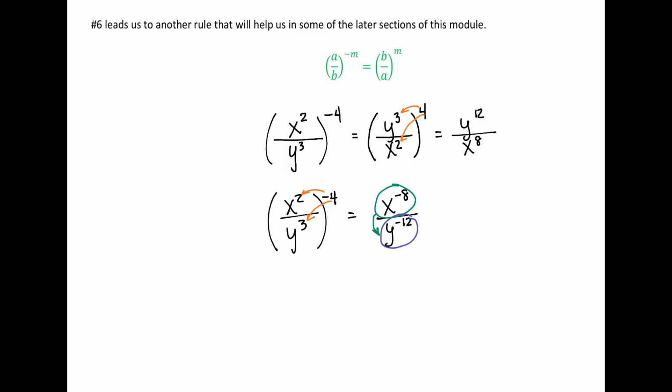This is negative in the denominator, so it needs to go upstairs. Every time it crosses the fraction bar, it changes to the opposite sign of the exponent. So we get y to the 12th on the top and x to the 8th on the bottom, which is exactly what we got before. Whichever one you feel more comfortable with is the one that you should do. They both work.